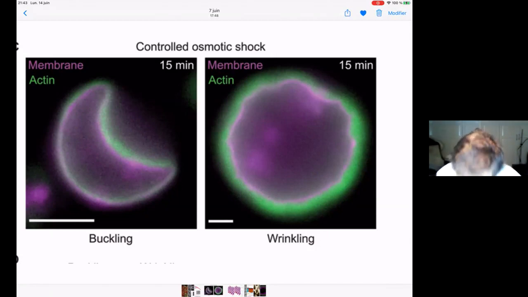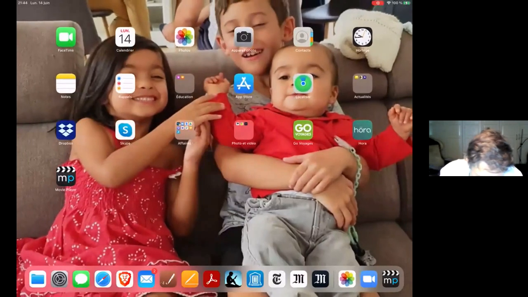Now you can compare that to what happens if the actin layer is thick. So you see that on this side, the actin layer is much thicker. And you see that the shape that the vesicle reaches when you deflate it is extremely different. You don't have this strong buckling with a wavelength which is more or less the size of the vesicle. Here you have an undulation at a finite period around the vesicle. So that's kind of easy to explain.